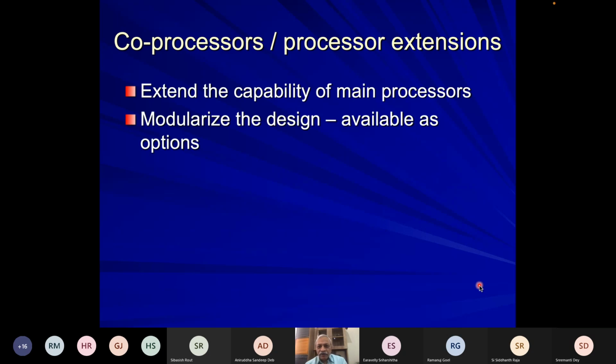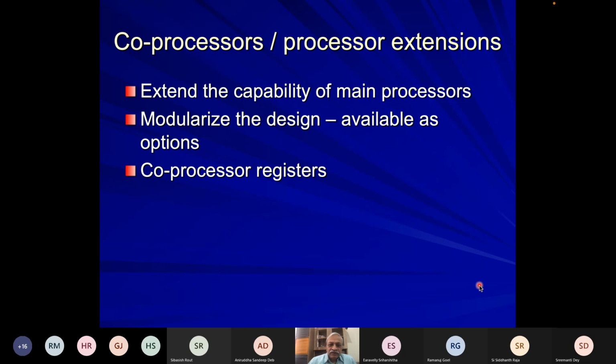They extend the capability of the main processor and could be made available as options. If you don't need floating point, you don't take it and you save some money. In some cases, it may be an integral part, but potentially it makes the design modular.